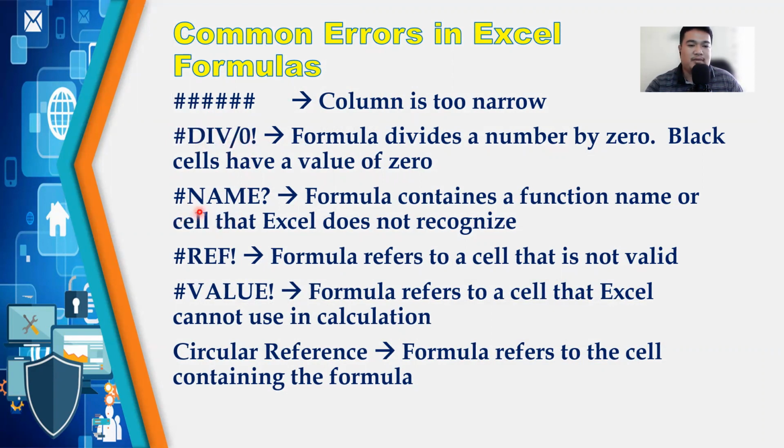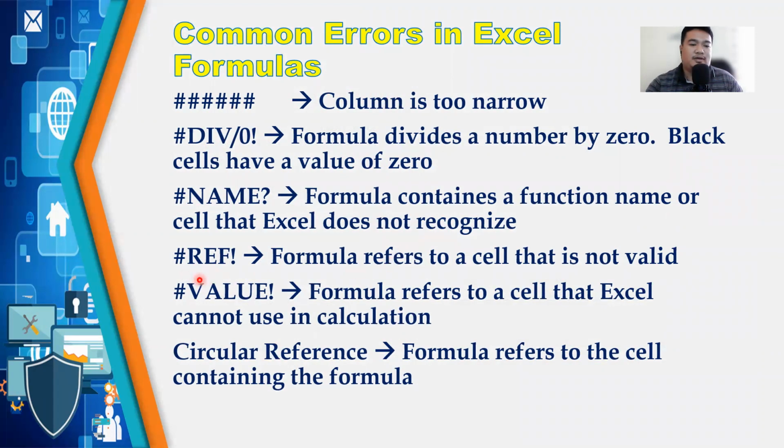And then we also have our #NAME?. Formula contains a function name or cell that Excel does not recognize. Kunwari mag-a-add ka, yung isa, ang value ay 1, yung isa ay B, ganon. So hindi niya ma-recognize. Okay, so ayun.